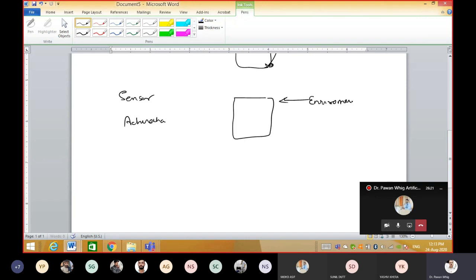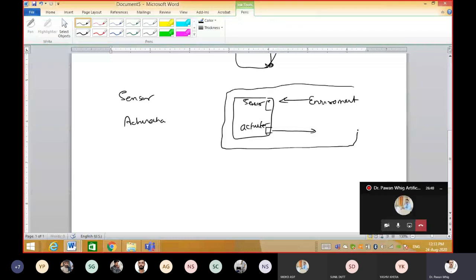And an actuator is something which takes an action. While the sensor takes the reading from the environment, the actuator takes an action. And the complete term which does these two tasks is what we call an agent. So this is very important, and in your course, let me start my lecture now.